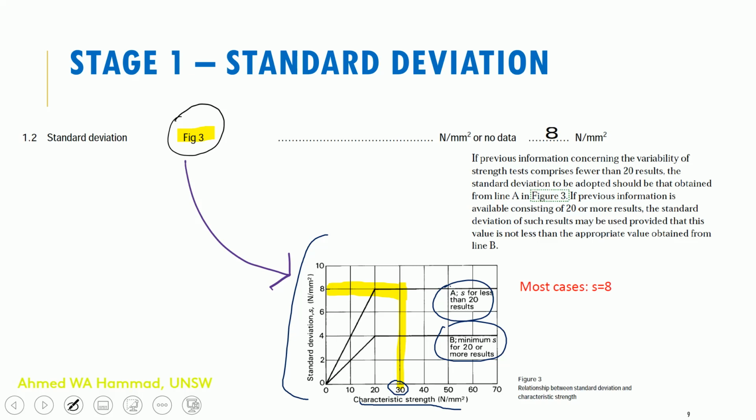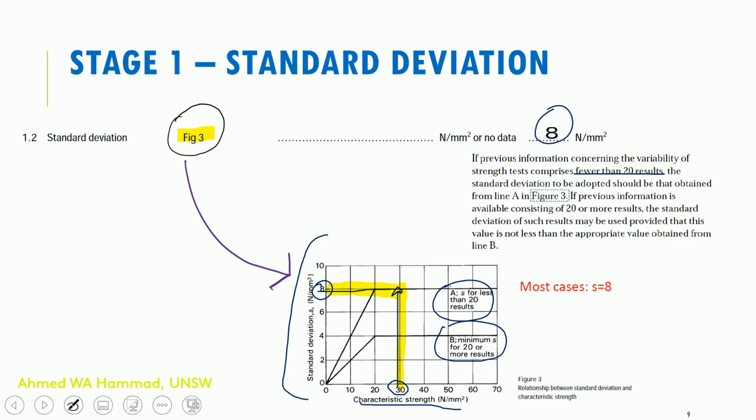And I said that it's line A that we'll need to have a look at, because we have fewer than 20 results. So from 30, vertically draw a line until you hit line A, and then go across, and 8 is going to be your standard deviation, and that's why I have an 8 in that space over there.